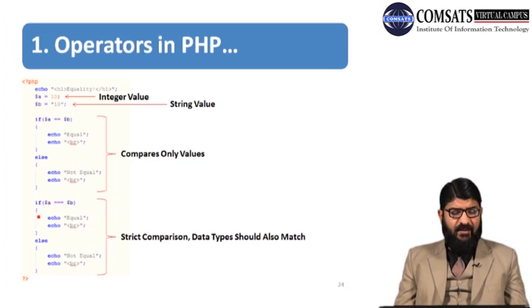While for the second case, if variable A is identical to variable B, meaning the data type of A is the same as the data type of B, then it will present equal, else not equal. So there is a strict comparison of the data type in case 2.